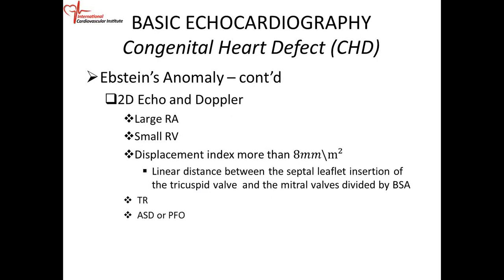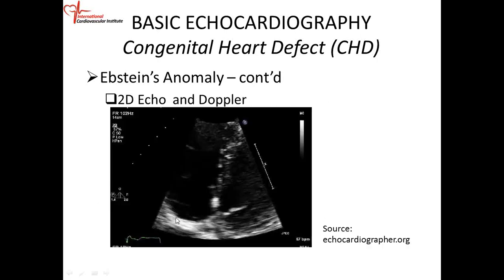Say you get 20 millimeters, then you get the body surface area of the patient. In order to get the body surface area, you need the height and the weight. Then you just divide that distance by the body surface area and you'll get the displacement index. More than 8 millimeters per meter squared will make the diagnosis. You'll get tricuspid regurgitation, and ASD or PFO in 50% of these patients.